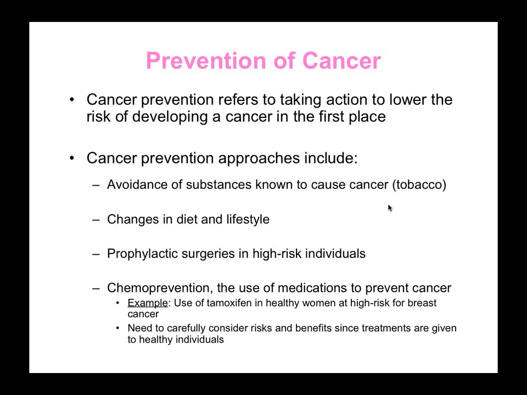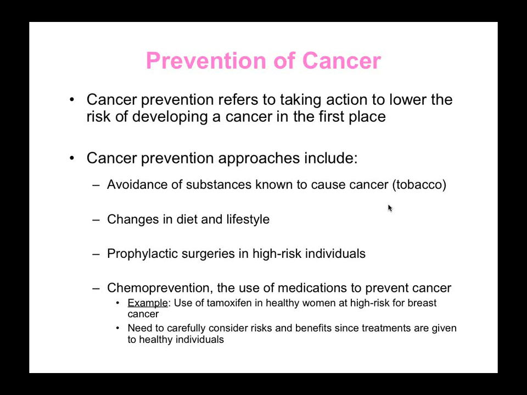A great example of this is the use of tamoxifen in healthy women who are at high risk of breast cancer. And we know that tamoxifen has been shown in randomized studies for women at elevated breast cancer risk to decrease their future risk of invasive breast cancer.